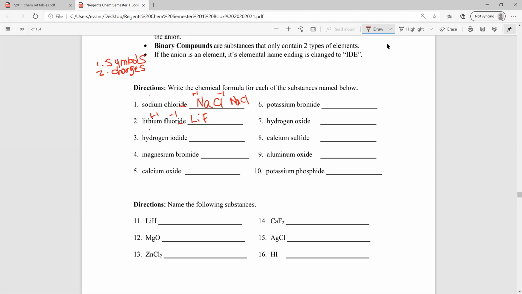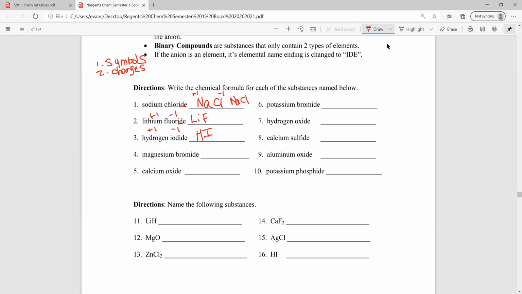So hydrogen is going to be our +1 instead of the -1, and iodine will be the -1. The nonmetals will always be negative because they gain electrons, forming negative ions, so they'll always be the anions. So symbols, H for hydrogen and I for iodine, and +1 and -1 already add up to 0, so no subscripts are needed.